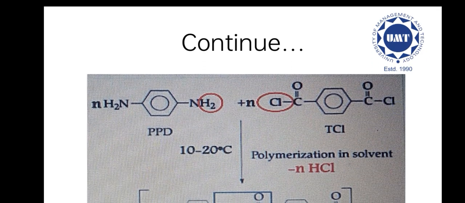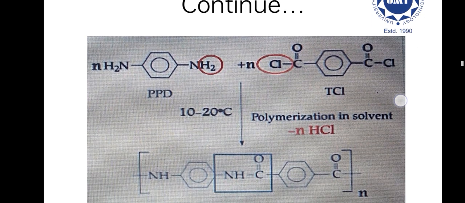Now let's see what the reaction is. Paraphenylene diamine has a benzene ring, and two amine groups are attached at its para positions. When paraphenylene diamine reacts with terephthaloyl chloride, H from the PPD and Cl from the TCl are removed as a byproduct in the form of HCl.